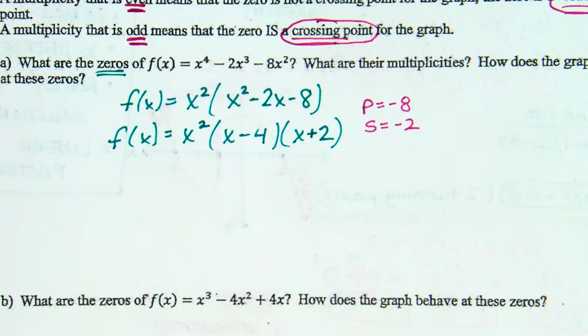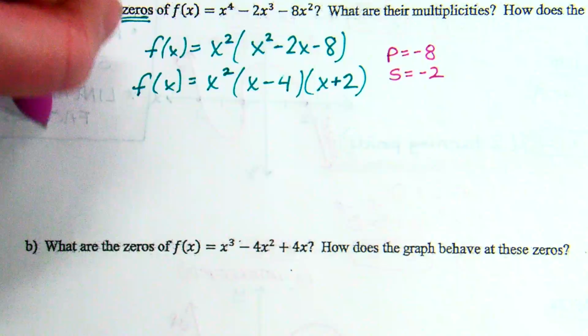In order to find the zeros, how do I find the zeros? Set each factor equal to 0. So I'm going to have x squared equals 0, x minus 4 equals 0, and x plus 2 equals 0.